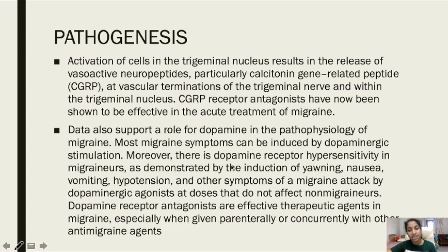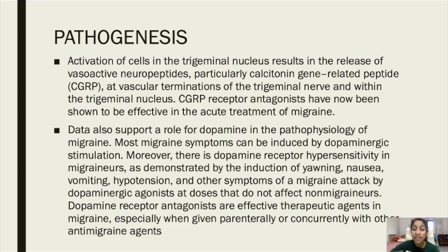Moreover, there is a dopamine receptor hypersensitivity in migraineurs, as demonstrated by the induction of yawning, nausea, vomiting, hypotension and other symptoms of a migraine attack by dopaminergic agonists at doses that do not affect non-migraineurs. So the migraine patient will have a hypersensitivity towards dopamine receptors.